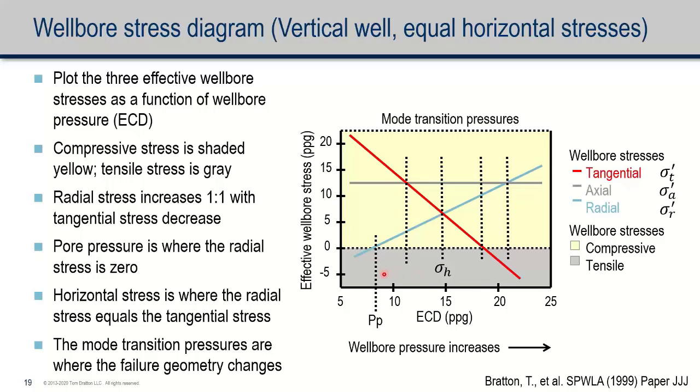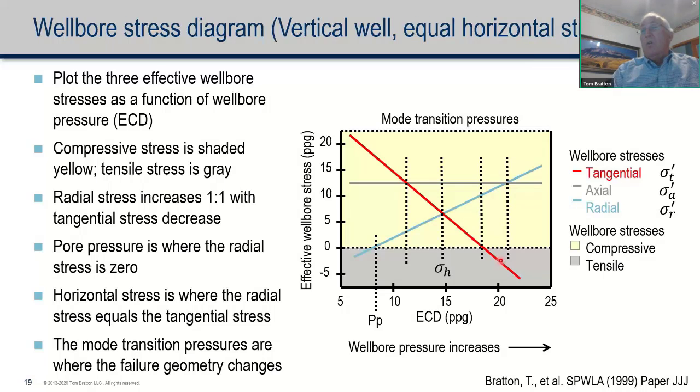What we know from elastic theory is there's a one-to-one relationship. Every psi that I increase in wellbore pressure, I lose 1 psi in the tangential stress. And if I get my wellbore pressure high enough, I can force that tangential stress to go negative, to go tensile, and create the hydraulic fracture.